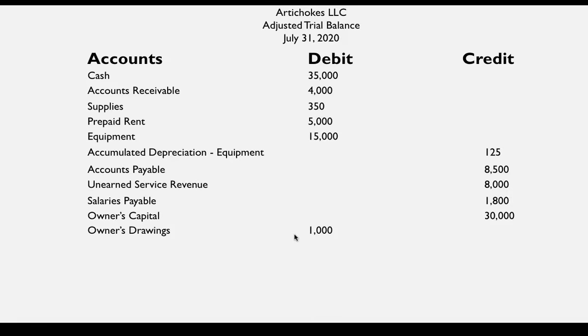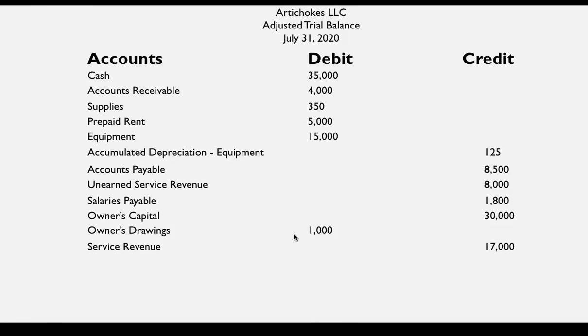After our drawings comes our revenue accounts. Well, the revenue account that we used here was service revenue. Service revenue increased and was now at $17,000 because we earned that $2,000 worth. That's our only revenue account.